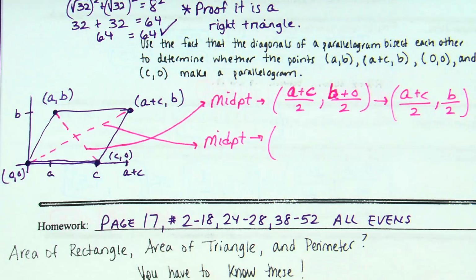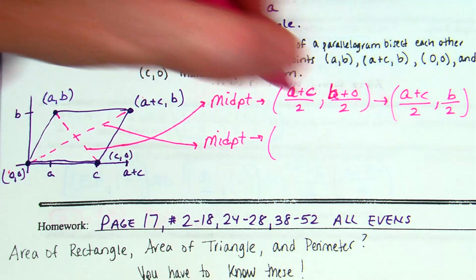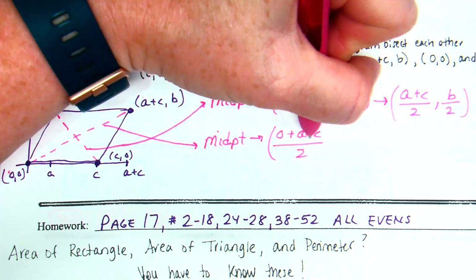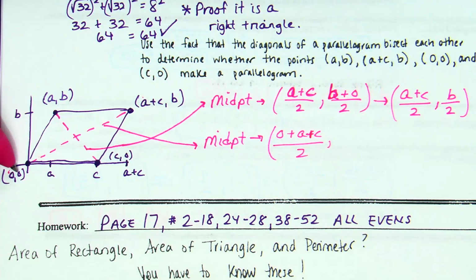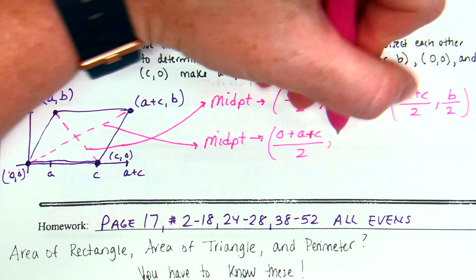Okay, so now I'm doing the midpoint of this line that goes up to the right. What are my x values? 0 down here and a plus c up there. So 0 plus a plus c divided by 2. Okay, now y values. What are my y values? 0 and b.